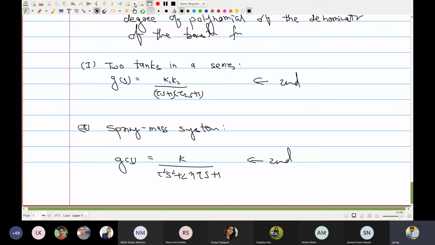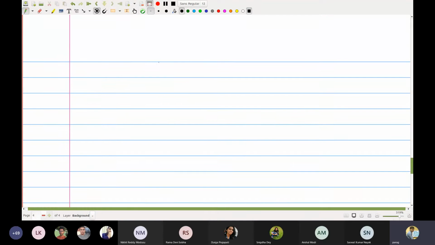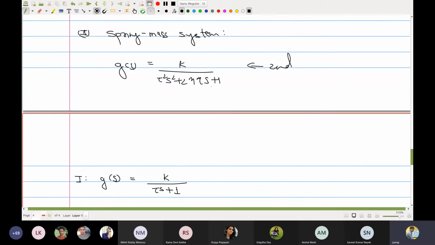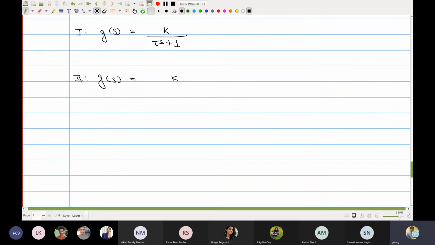Before we can analyze the difference, let us first analyze the difference between first and second order systems. So the first order transfer function is G of s equals K upon tau s plus 1, and a second order transfer function is G of s equals K upon tau squared s squared plus 2 tau zeta s plus 1.